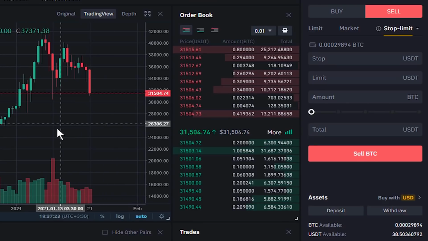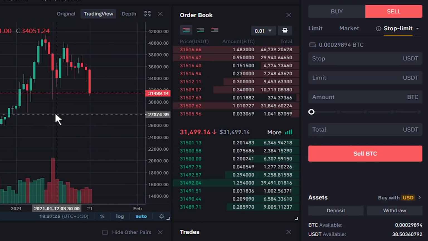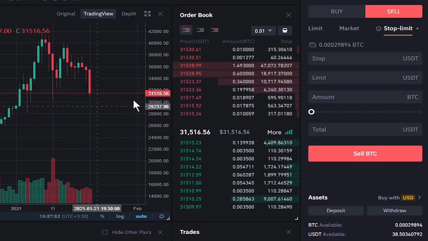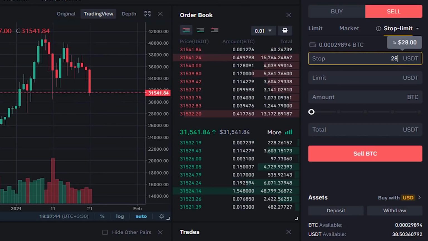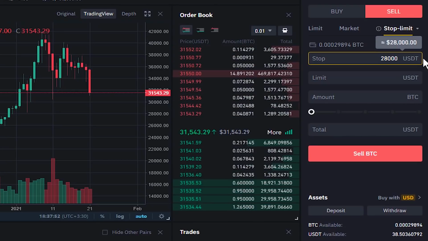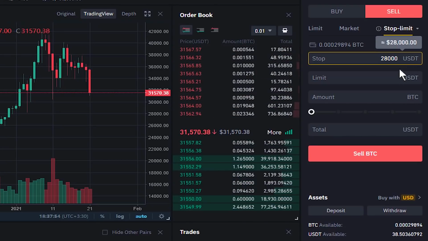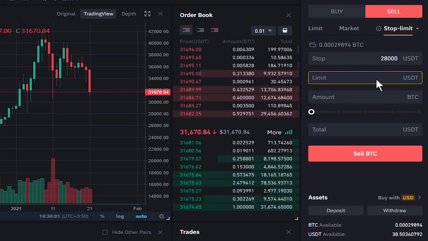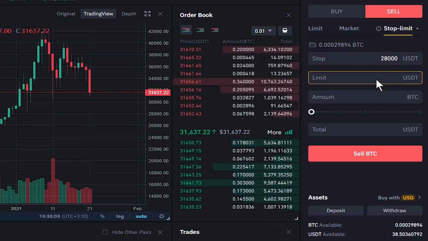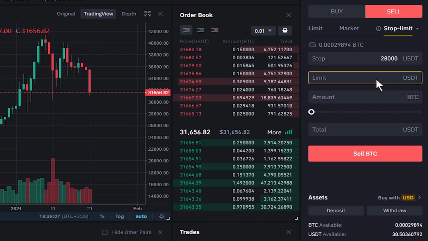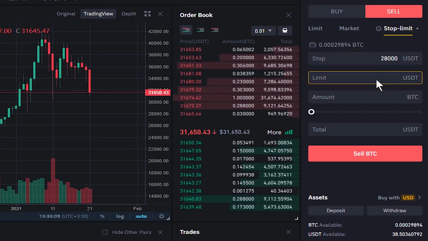Consider, for example, you want to set your stop loss here on 28,000. So we go to stop limit order, we set the stop price on 28,000. And this is the trigger for the limit order that we want to set now. And for the limit price, pay attention that you can set it to 28,000 equal to the stop price, but it is safer to set it a little lower than the stop price.